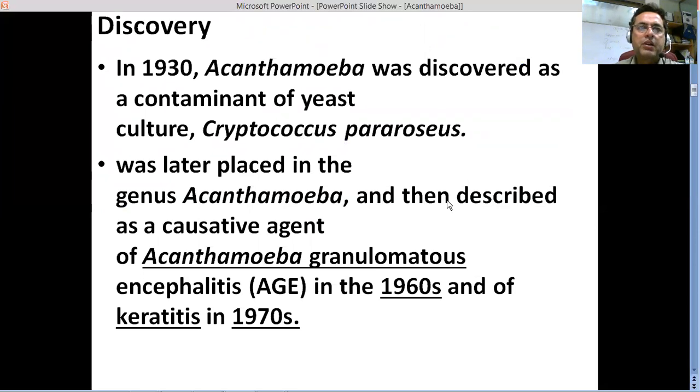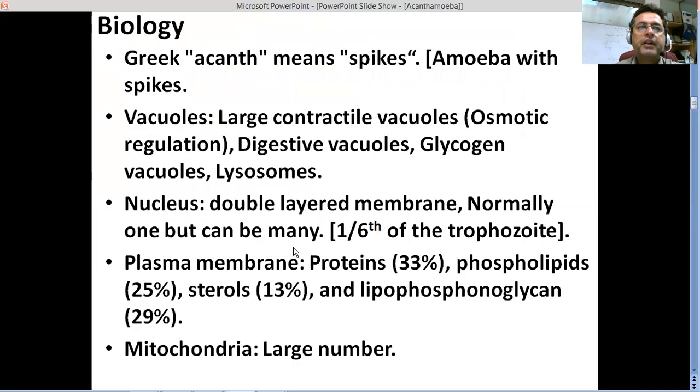The discovery was made in the 1930s, and it was actually discovered in a culture of yeast, which later was confirmed as an amoeba, a species of amoeba, which was named Acanthamoeba. And now it has been associated with these two conditions as we discussed, but this association was made long before, in the 1960s and 70s, with ADE and keratitis.